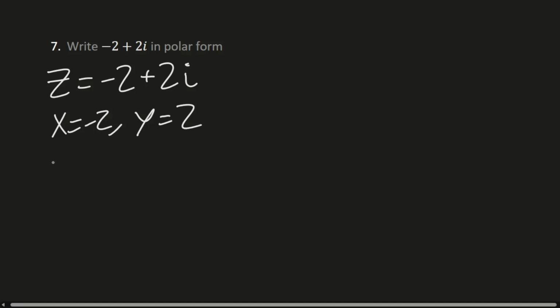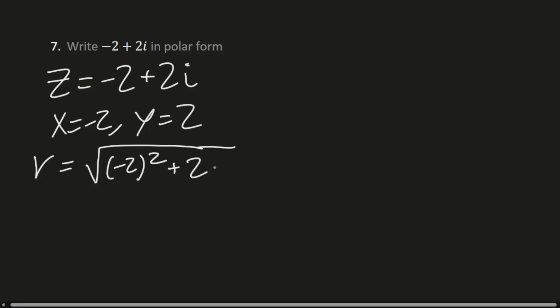And so r would be equal to the square root of negative 2 in parentheses to the power of 2 plus 2 to the power of 2, which becomes, that's like 8, right? So that would be 2 times the square root of 2, yeah.